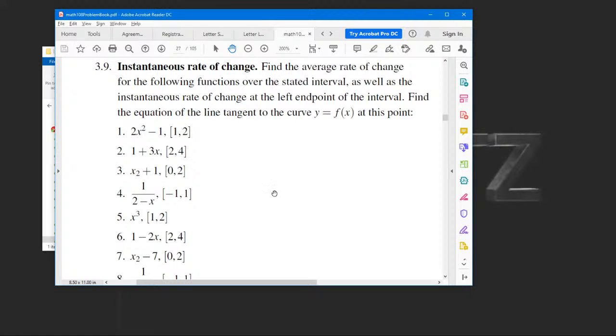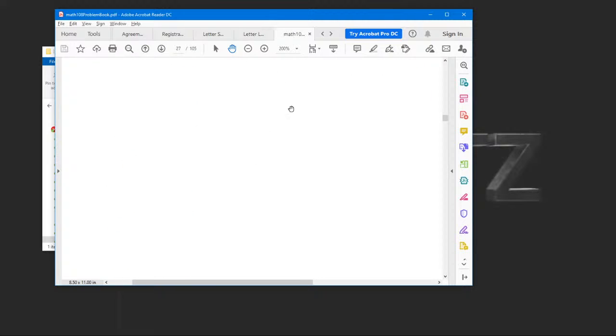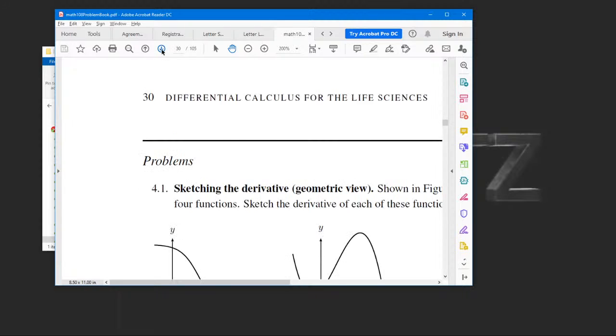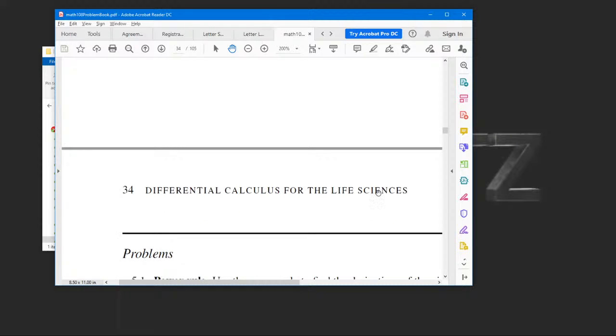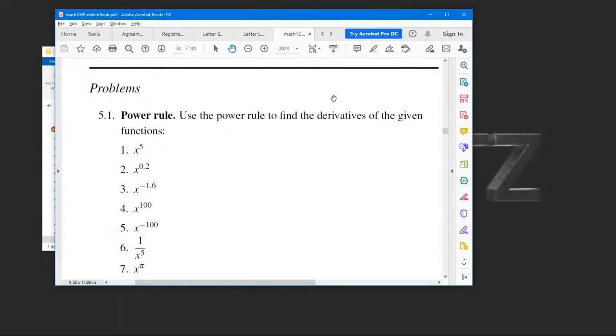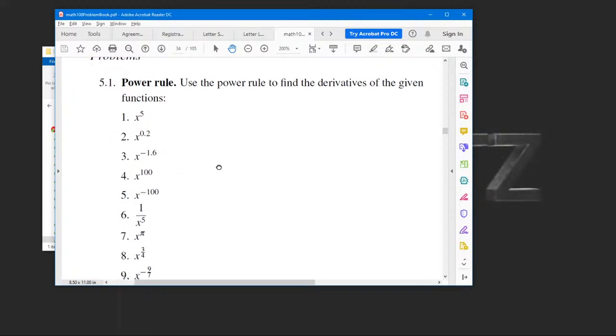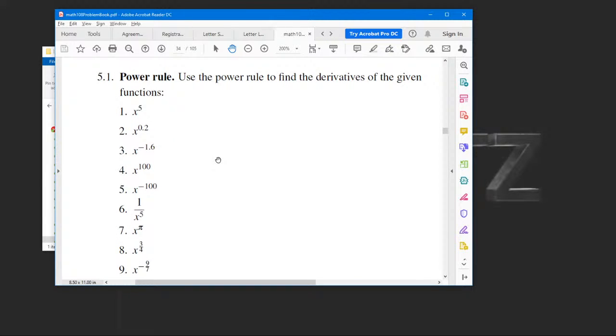It's the same thing. So in a way there is a little bit of overlap, but rates of change technically is the end. So nothing from topic 4, differentiation rules. Topic 4 is sort of a crossover, where I wanted to add some questions. So problem 5.1 is good to go.